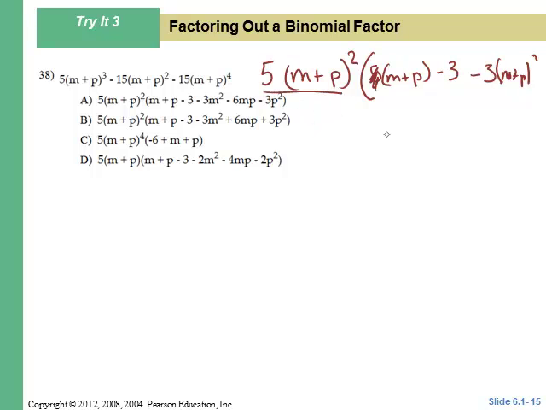This part is fine. M plus p squared is m squared plus 2mp plus p squared times negative 3 is negative 3m squared minus 6mp minus 3p squared.